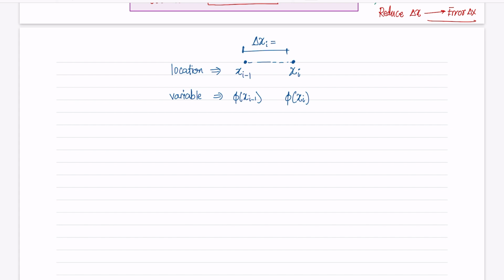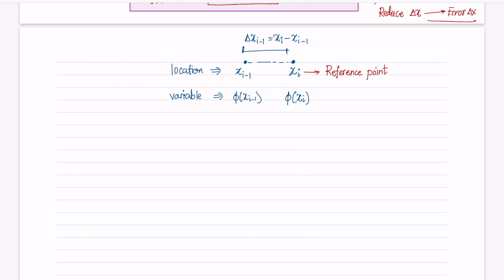And here I can write delta x. If we stick to the original notation, this would be called delta x i minus 1 equals x of i minus x of i minus 1. Okay, so this is a very valid possibility, but we are going to fix xi as my reference point.